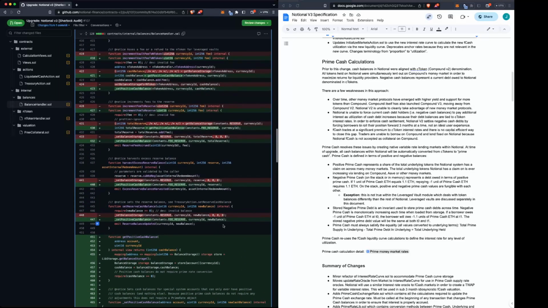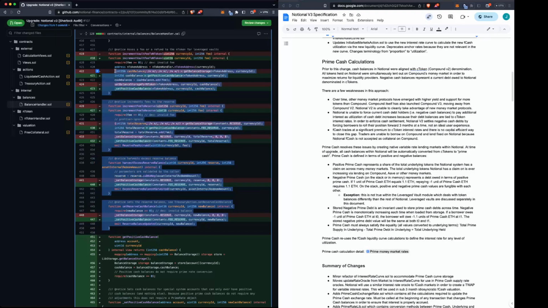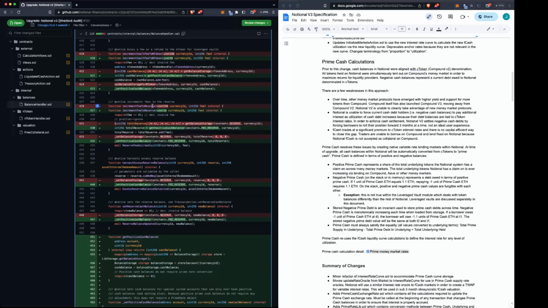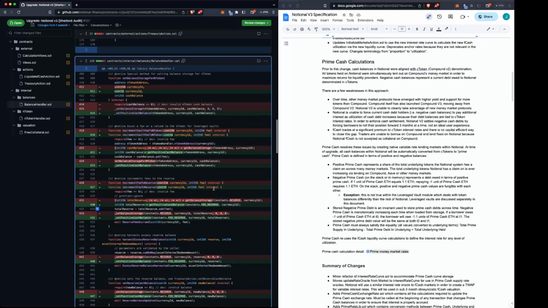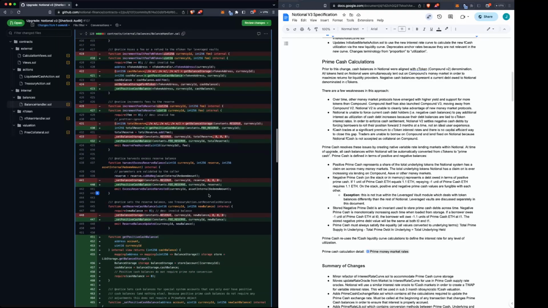These will only be used for specific system level accounts that are never allowed to incur debt, as a consequence of how the system works. That'll be the reserve, which should only increase in fees, and the end token, which can only end up with positive cash balances.